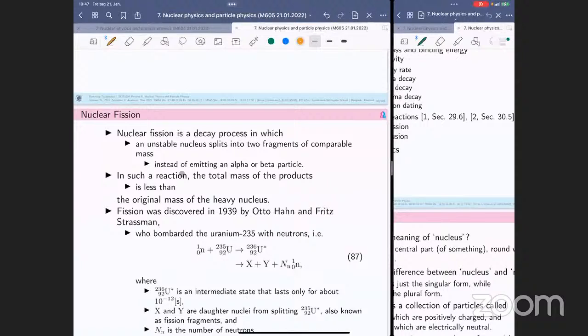This is the process done by humans for some specific purpose. One of these is war. I would not recommend anybody to do that. But the good thing is that humans have developed or used this process for something good too, right? For example, we use nuclear fission to produce electricity in nuclear power plants. It's useful to everyone. Nuclear fission is the decay process in which an unstable nucleus splits into two fragments of comparable mass.